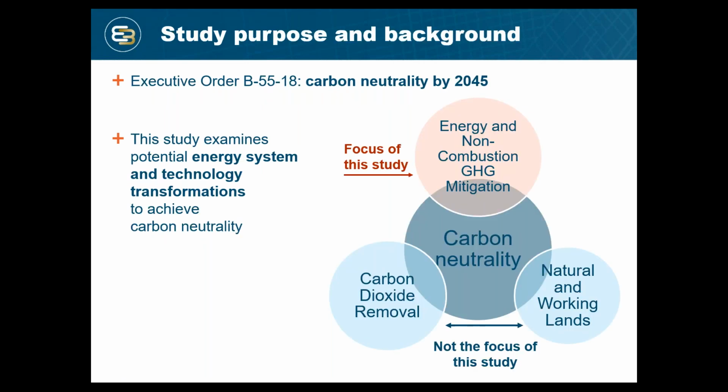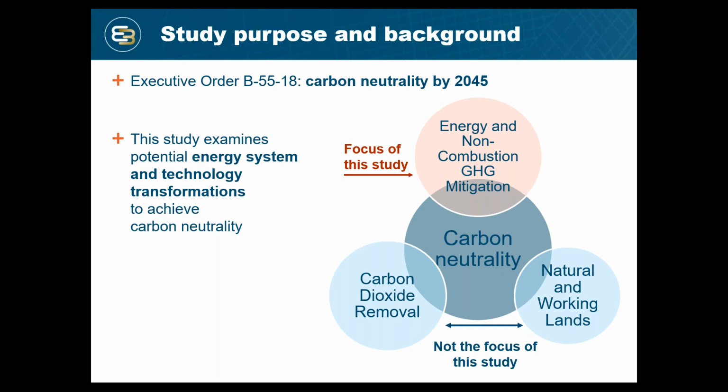So the context for this study is carbon neutrality in California by 2045. There are many elements around achieving carbon neutrality, whereby emissions are offset by carbon sinks, resulting in net zero emissions. This study is focused on just the one piece of that puzzle, which is the energy and non-combustion greenhouse gas emissions.